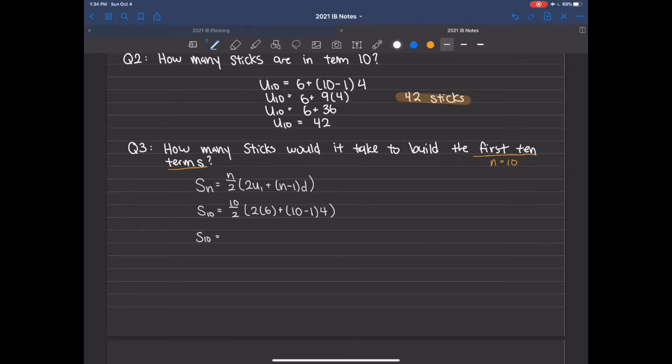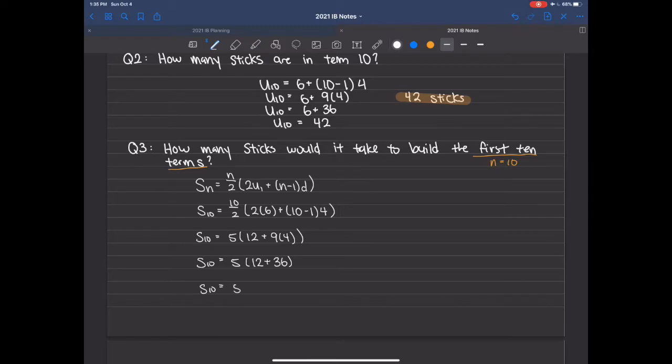But if you want to see it evaluated, that would be 10 divided by 2, which is 5. 2 times 6 gives us 12 in the front, plus 9 times 4. So let's keep simplifying on the right side, working inside our parentheses first, so we're following order of operations. We have 12 plus 36 in the parentheses.